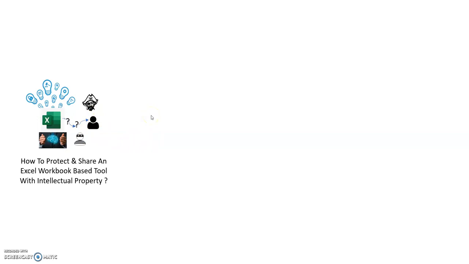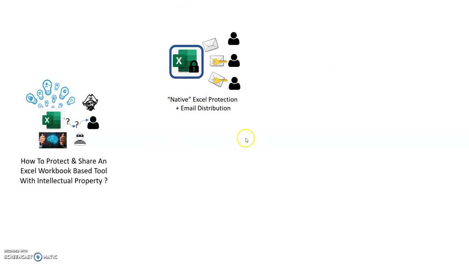In this video series and the Medium article that accompanies it, we'll be looking at a number of options, ranging from the very basic native Excel password security, where you slap a password on and send the file to people and give them the password separately.